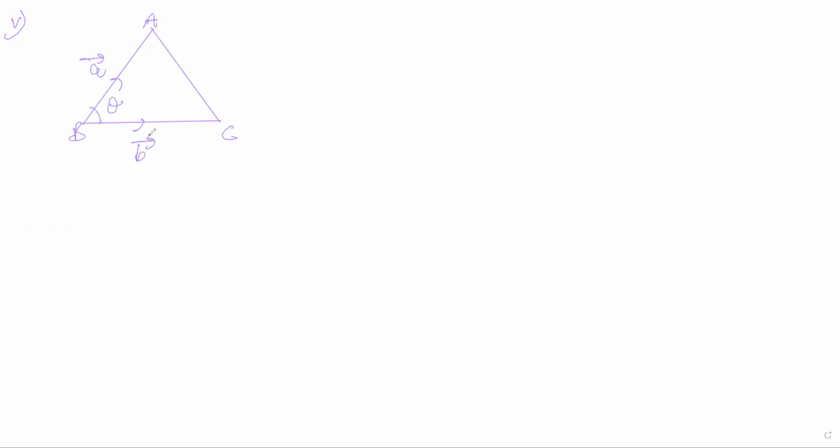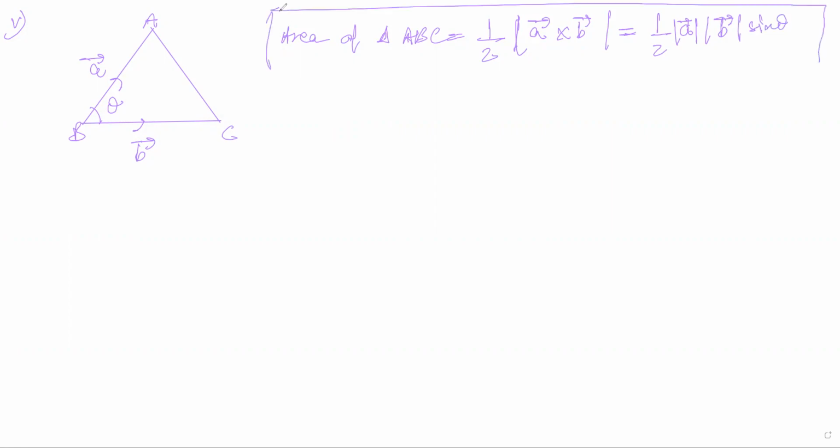If you know two sides, then you can also find out the area of that triangle. Right? So area of triangle ABC would be half magnitude of A cross B, which can also be written as half mod A mod B sine theta. So if you know two sides of the triangle, you also know the area of the triangle.